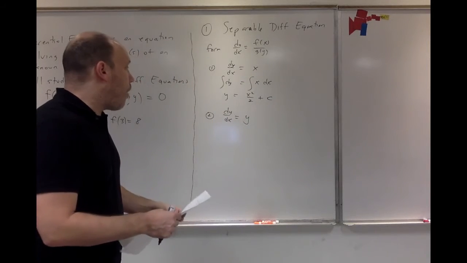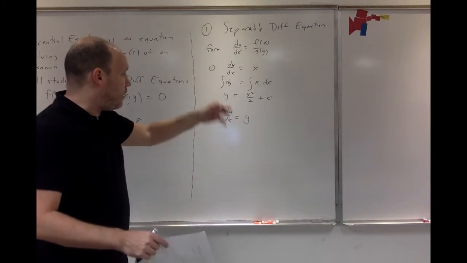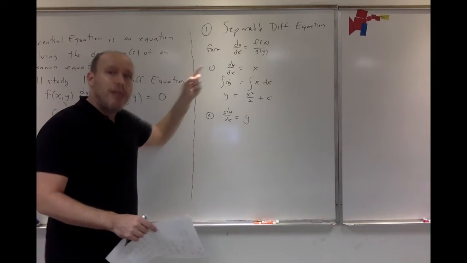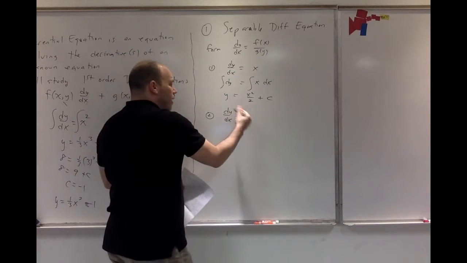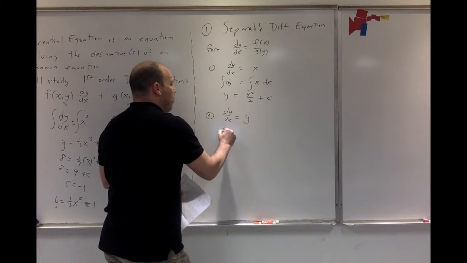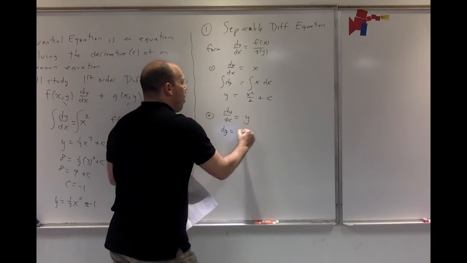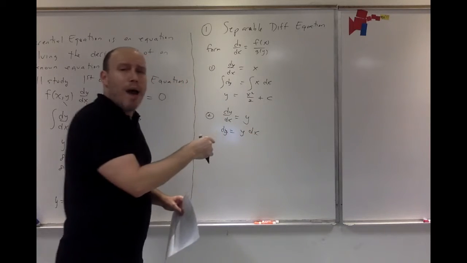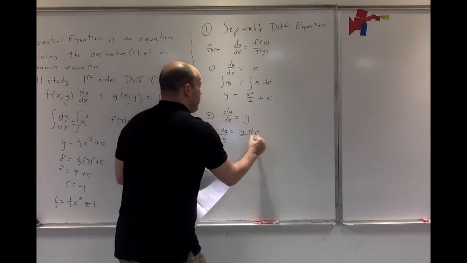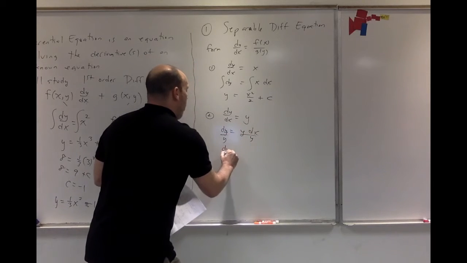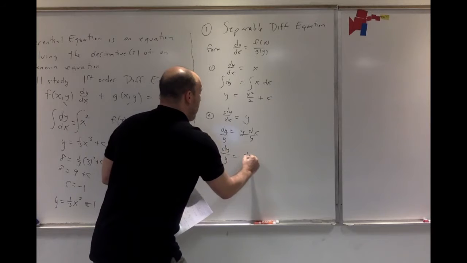Once again, I want the y's and the dy's on the left, the x's and the dx's on the right. Well, if I multiply both sides by dx, I have dy equals y dx. I don't want that y there. How do I undo multiplication? Divide both sides by y. So I have dy over y equals dx.